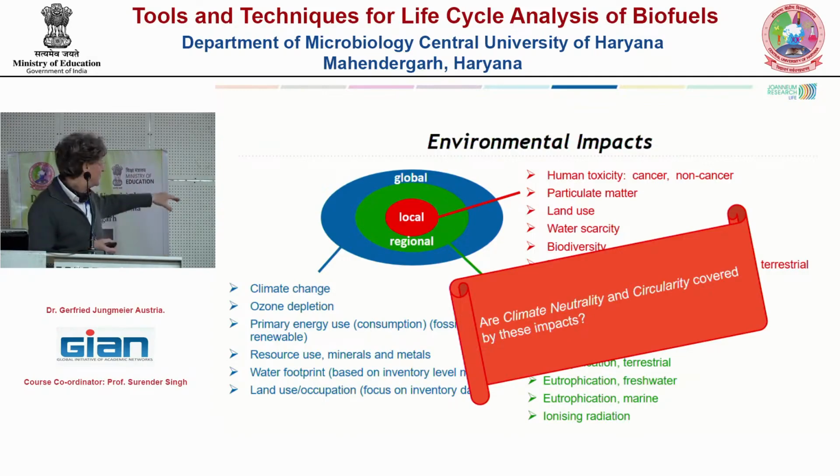Even all these resource indicators don't give you information how much the material is really kept in a cycle. Therefore, in a big international research project with 14 countries, we have developed indicators for this climate neutrality and circularity. I will address that a little bit later on, and maybe in future you will also find some indicators on climate neutrality and circularity on this list.